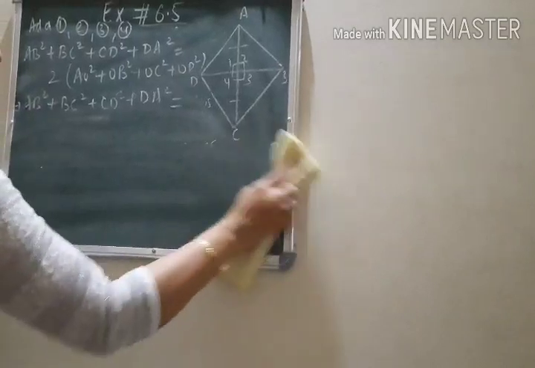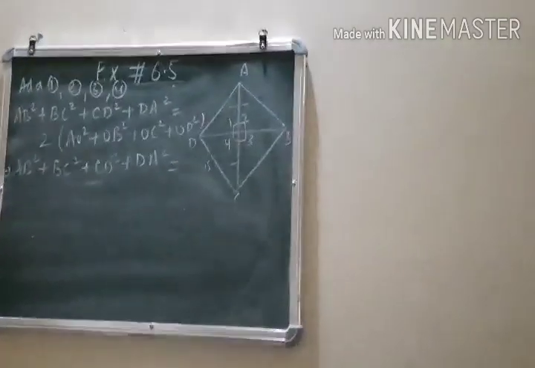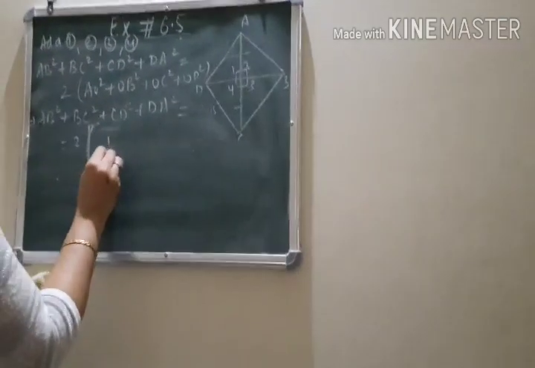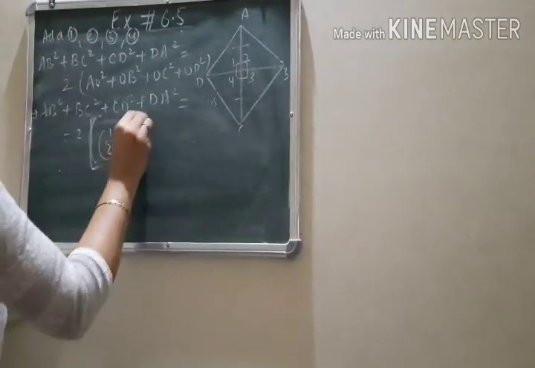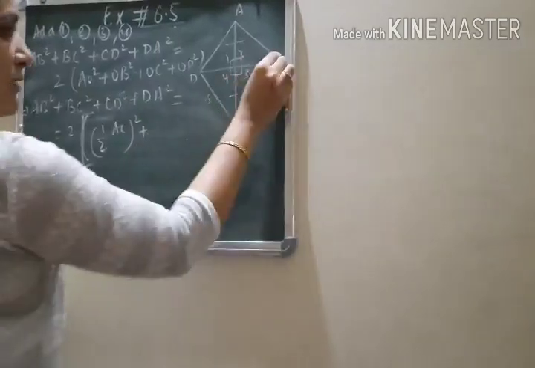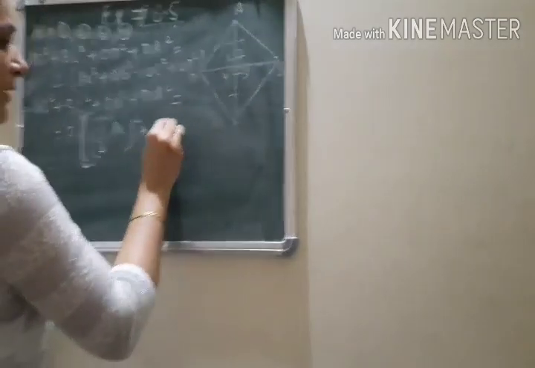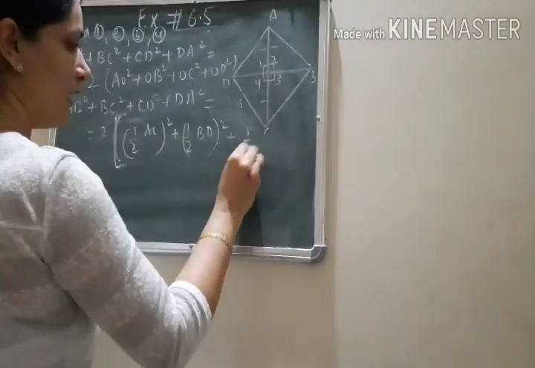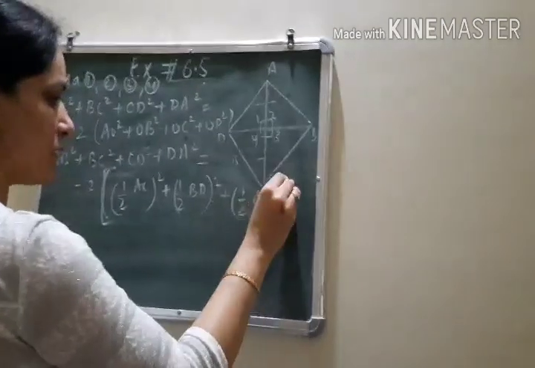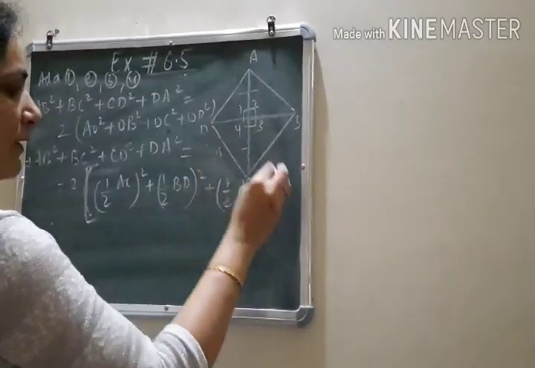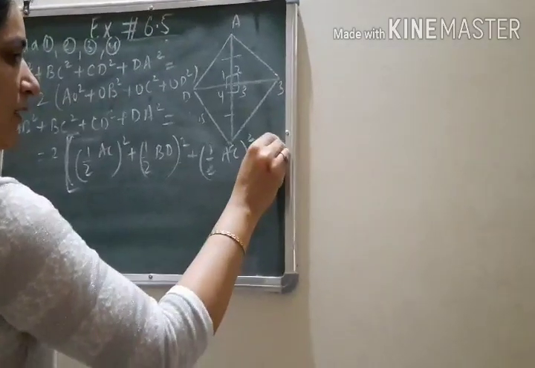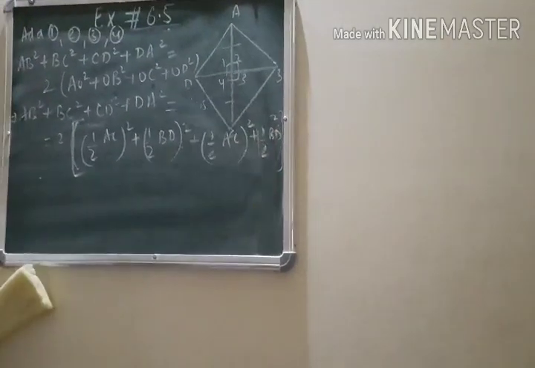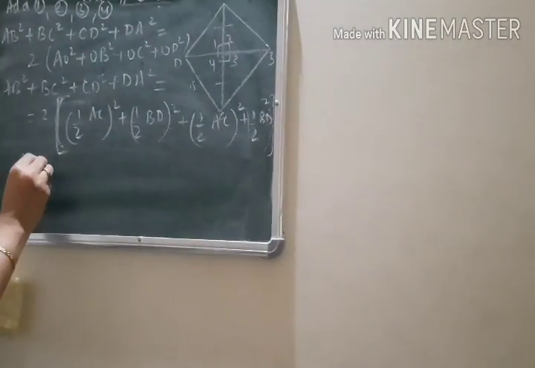then what we can do, AO we can write as half AC. So it is written as half AC whole square. OB can be written as half BD whole square. Similarly, OC can be written as half AC whole square, and again OD can be written as half BD whole square. Right? Now solve it further.